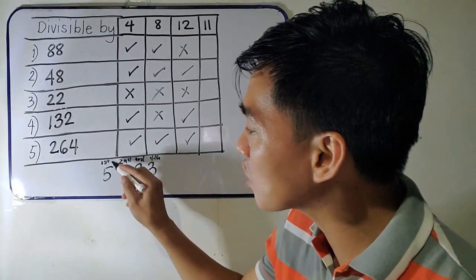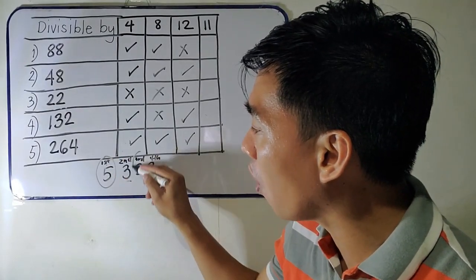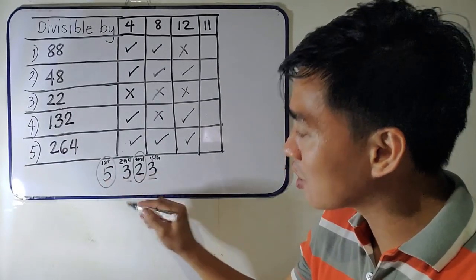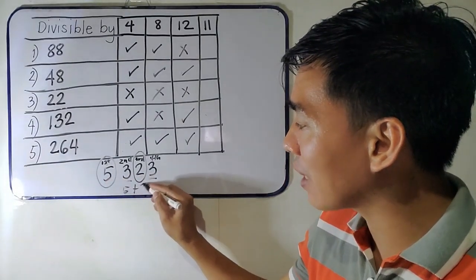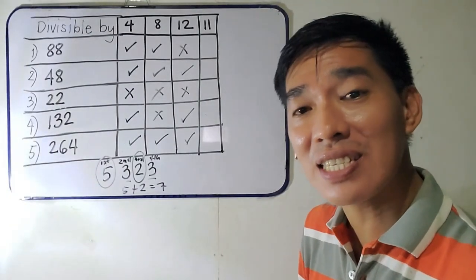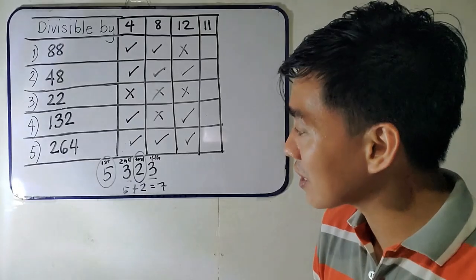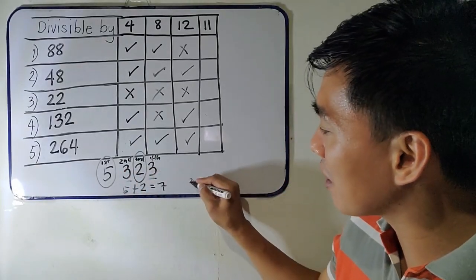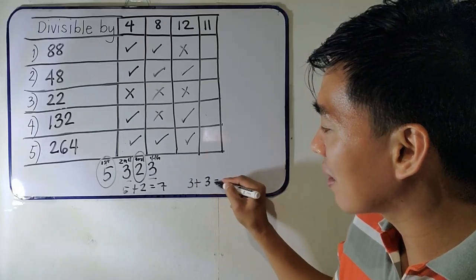So all you have to do is to get the sum of the odd places. So 5 and 2. So 5 plus 2 is equal to 7. And of course, you will also have to get the sum of the digits in the even places, second and fourth. So that is 3 plus 3.